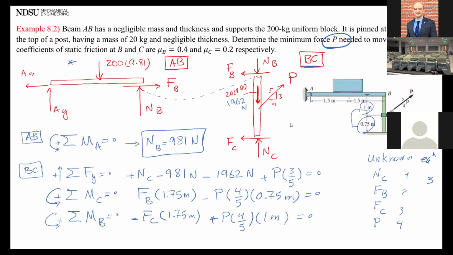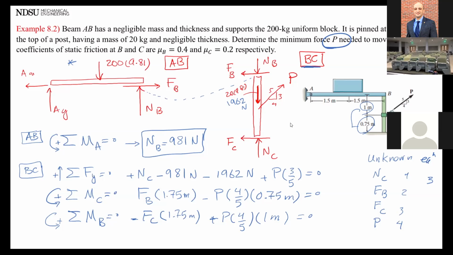We have friction equations, right? But now what? What should I do now? How should I use the friction equations? How can I use friction equations?